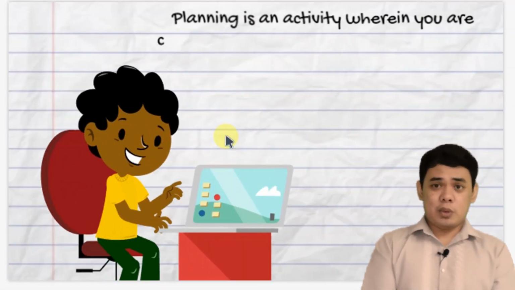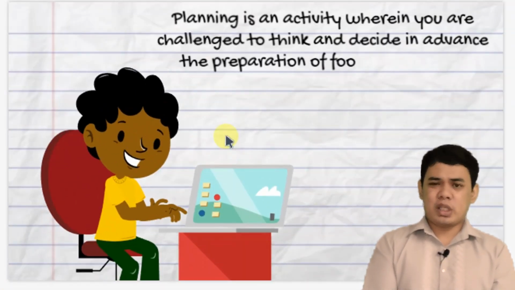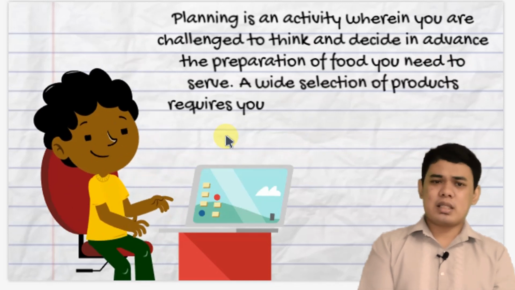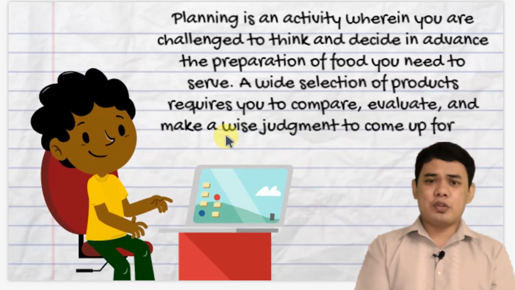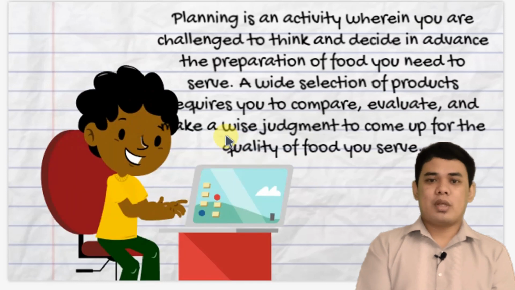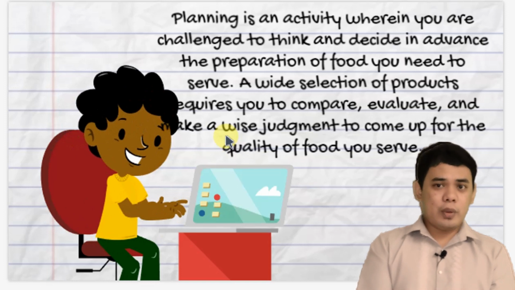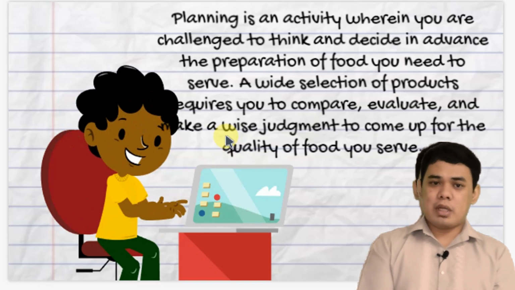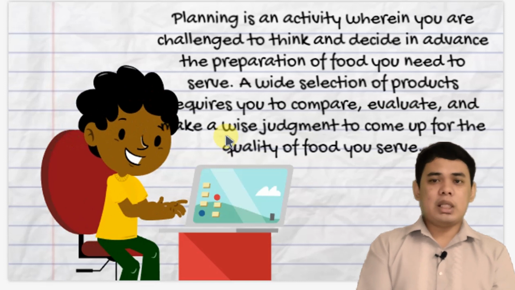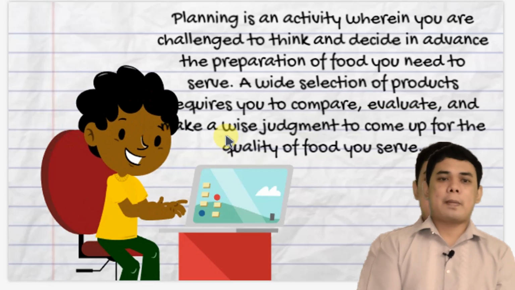Planning is an activity wherein you are challenged to think and decide in advance the preparation of food you need to serve. A wide selection of products requires you to compare, evaluate, and make a wise judgment for the quality of food you serve.